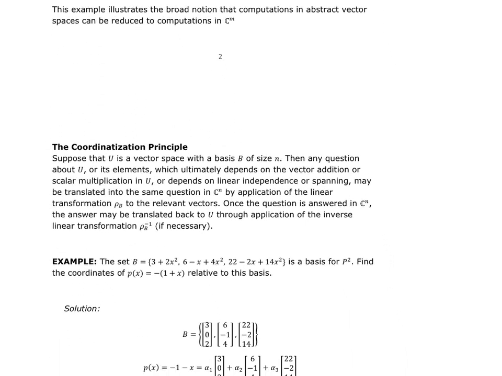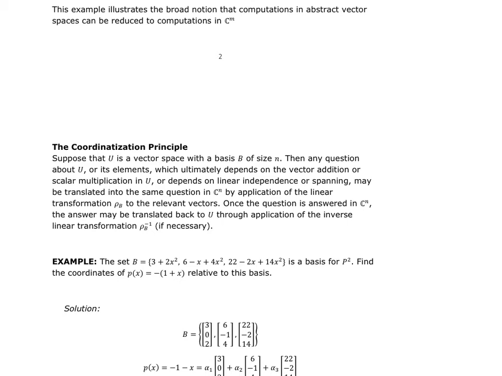So the coordinatization principle says that if U is a vector space with basis B of size n, then any question you have about U or its elements, whether it depends on vector addition or scalar multiplication in U, or on linear independence or a spanning set, can be translated into the same question in Cn by applying the linear transformation rho_B to its relevant vectors.